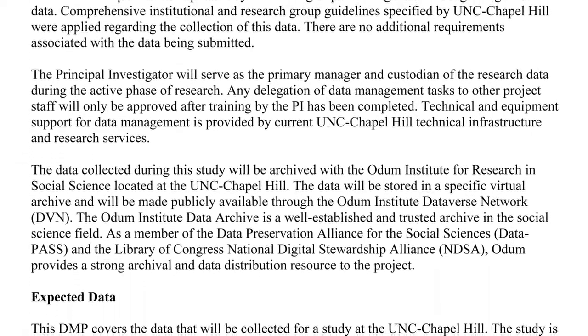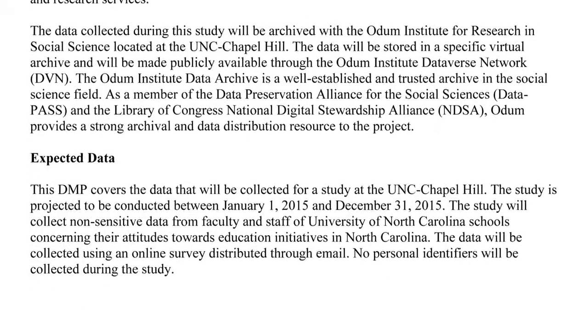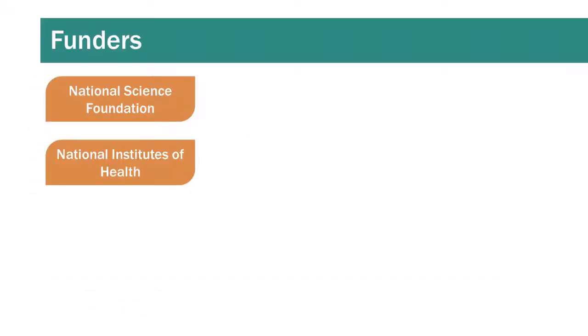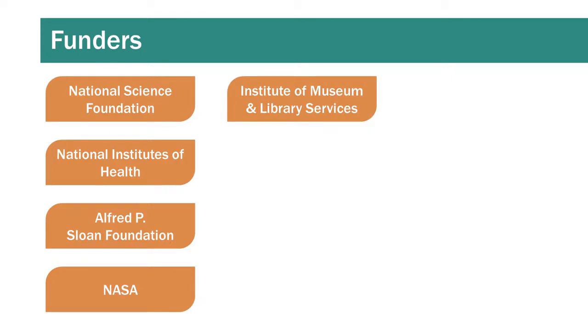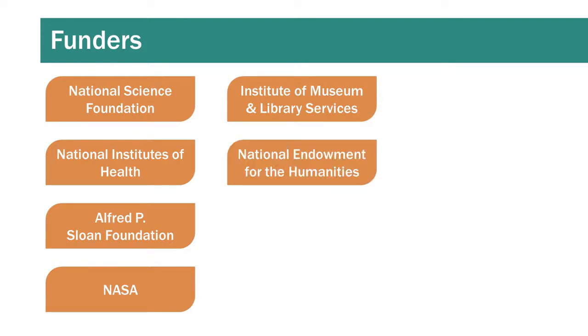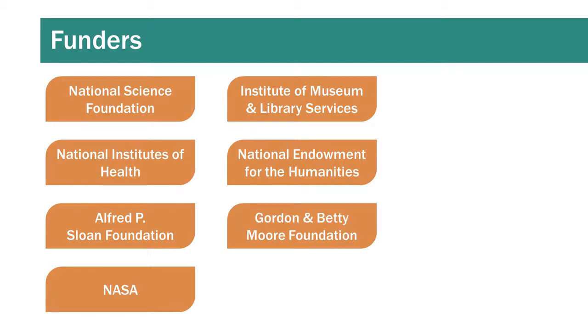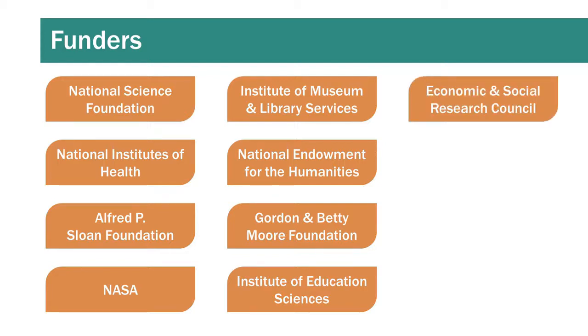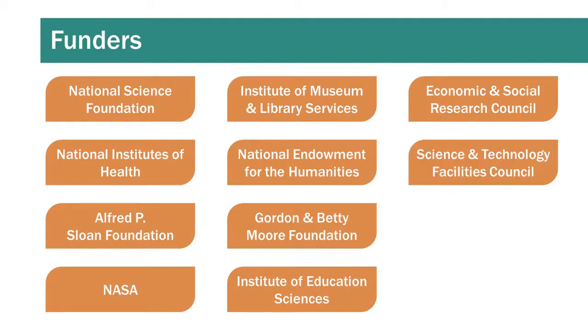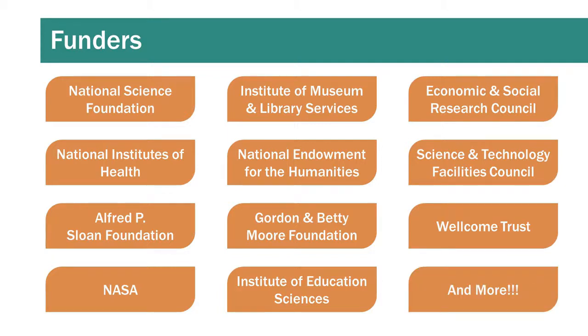If you think you or your clients may be applying for a grant from the National Science Foundation, the National Institutes of Health, the Alfred P. Sloan Foundation, NASA, the Institute of Museum and Library Services, the National Endowment for the Humanities, the Gordon and Betty Moore Foundation, the Institute of Education Sciences, the Economic and Social Research Council, the Science and Technology Facilities Council, the Wellcome Trust, and while the list goes on, you will need to know how to write a comprehensive DMP.